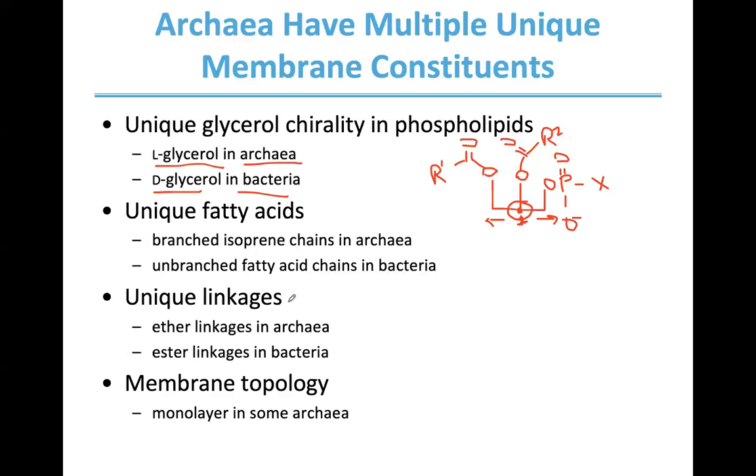Now unique linkages. We talked about ether versus ester, right? These are ester ones, and remember, if it doesn't have the hydrolyzable functional group, if it's not ester but ether, then it will be an ether lipid.